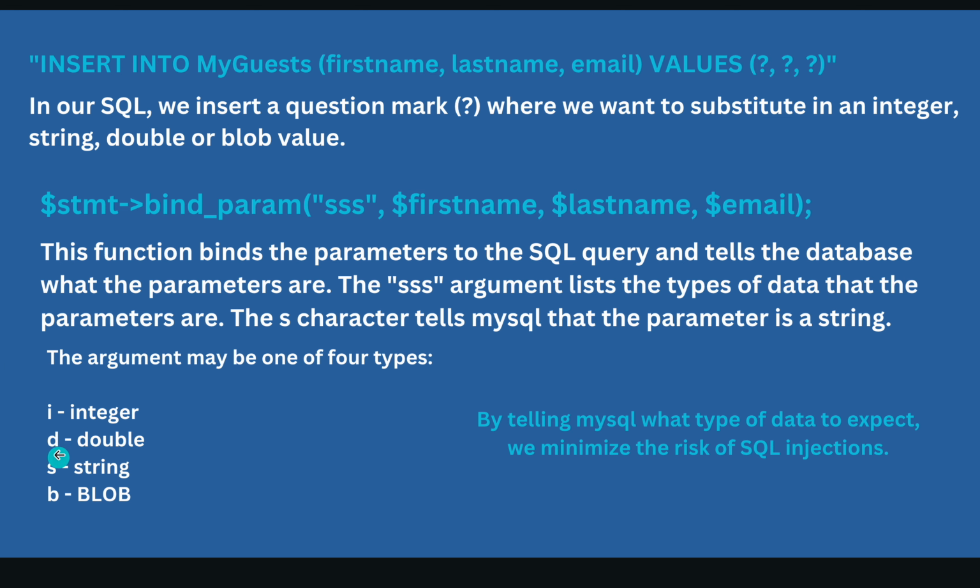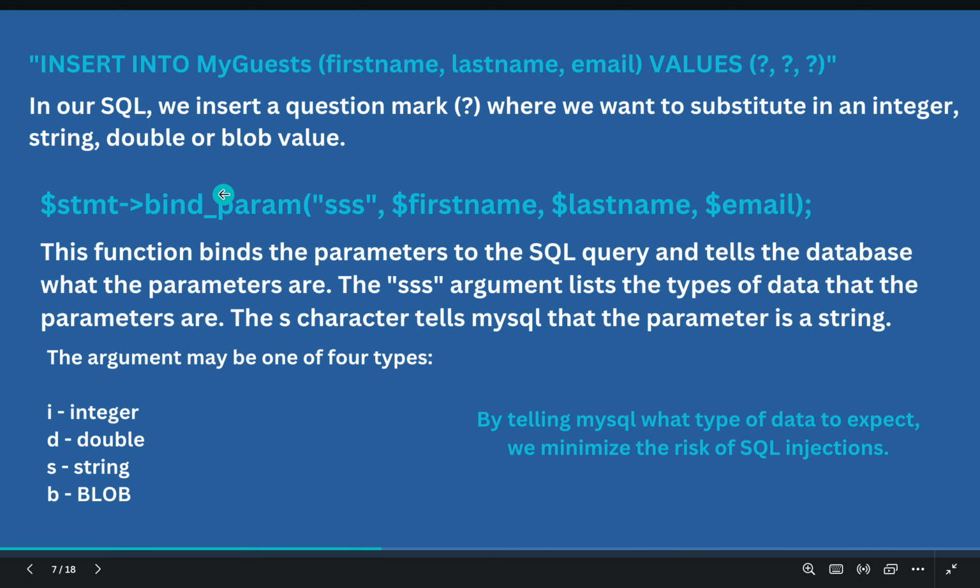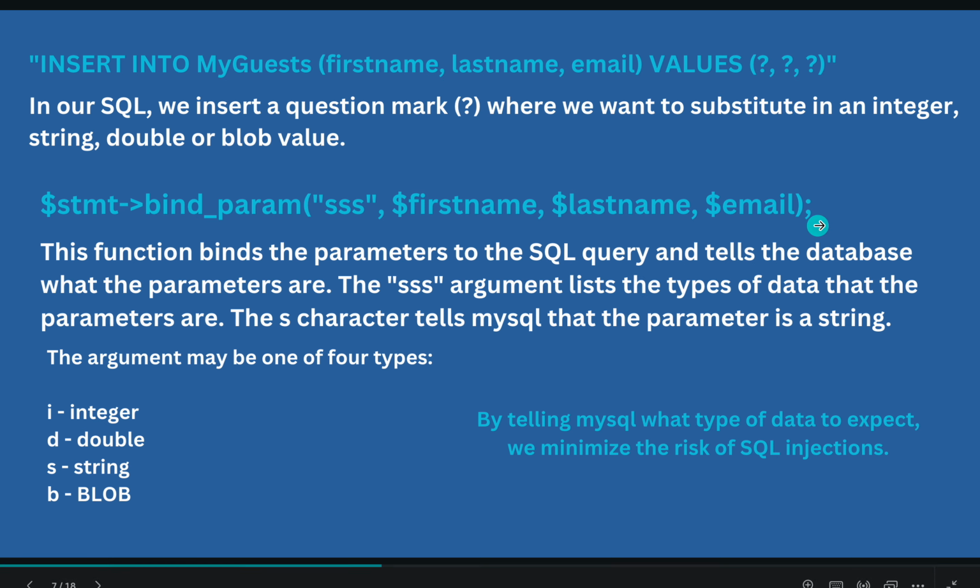Either integer, double, string or blob. And if you see this one, here I am talking about the question marks, and this function binds the parameters to the SQL query and tells the database what the parameters are. So I am telling these are the parameters now.